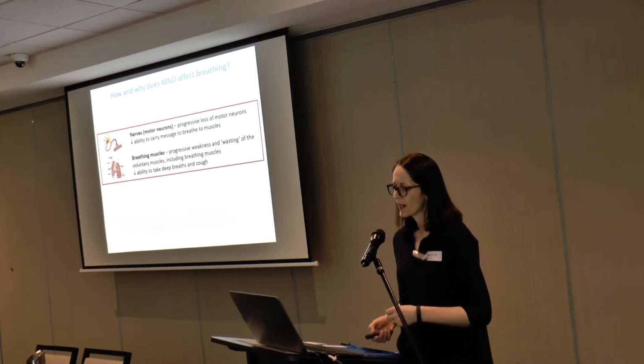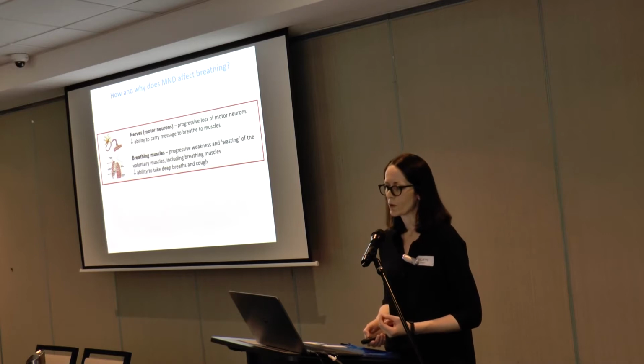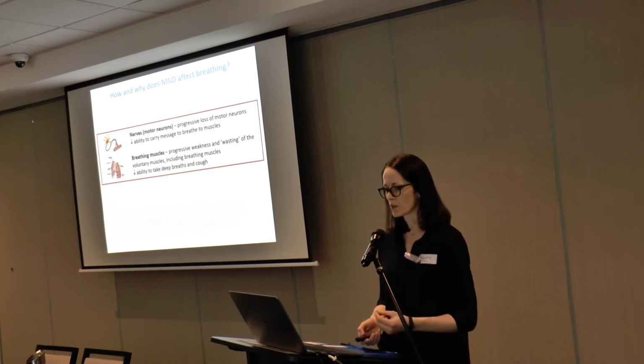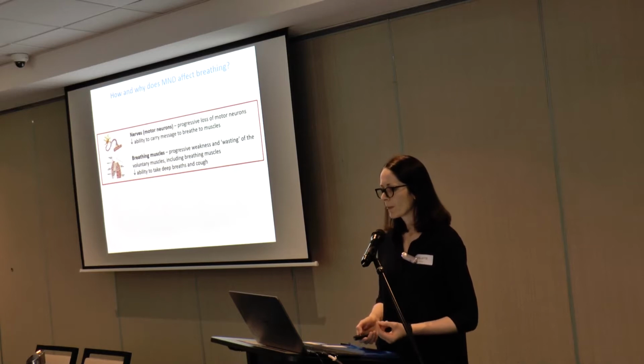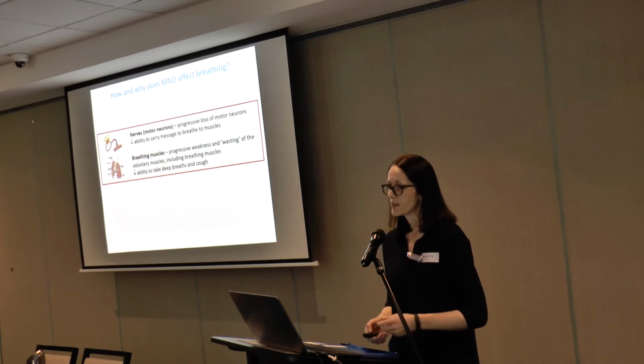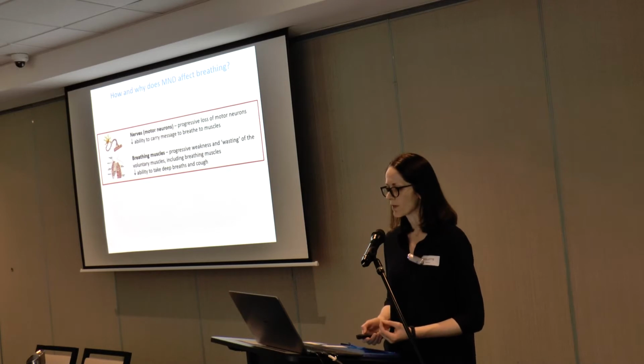So how can MND affect breathing? Well, we know that it causes progressive loss of motor neurons, and this can obviously occur in the nerves that supply the respiratory muscles. So there's a reduction in the ability to carry the message to the breathing muscles. The breathing muscles themselves can also experience progressive weakness and wasting. This can happen to all of the voluntary muscles, including the respiratory muscles.